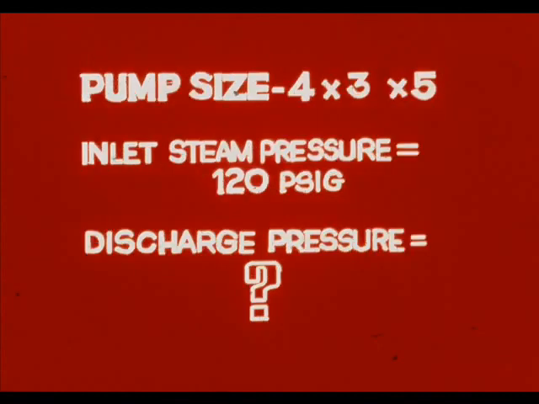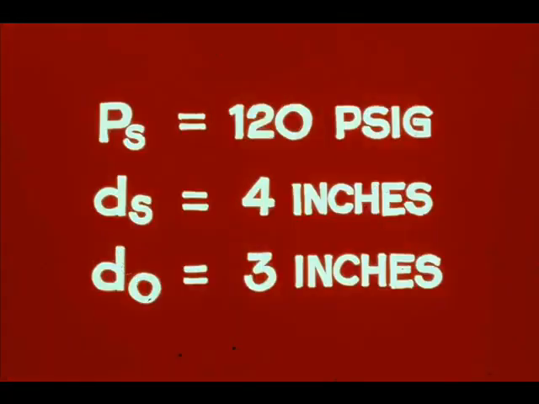Let's see how it works for a 4 by 3 by 5 steam-driven reciprocating pump when inlet steam pressure equals 120 psig. Remember SOS: steam, oil, stroke. Steam piston diameter is 4 inches, and oil piston diameter is 3 inches.